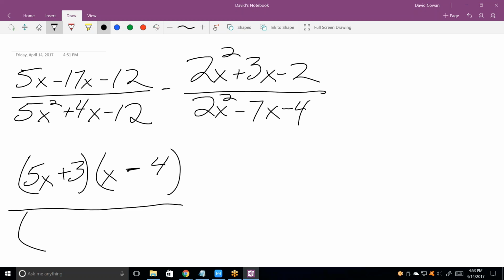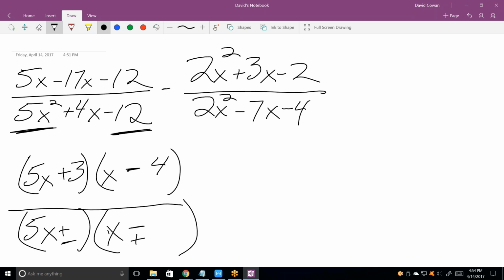Now factor the bottom left. How's that 5x squared split up? 5x and x. Again, we know the signs are opposite, so I've got a plus minus or a minus plus.